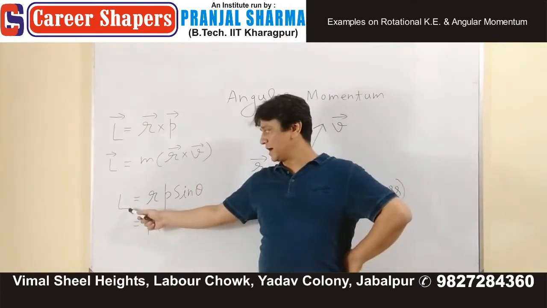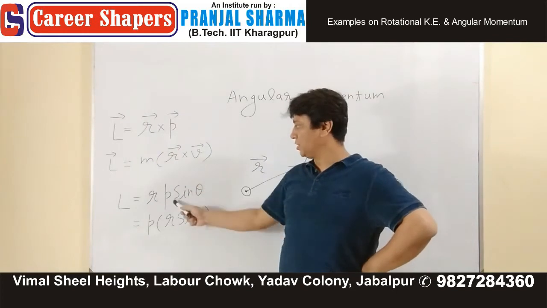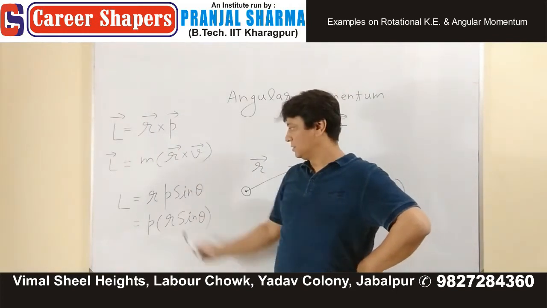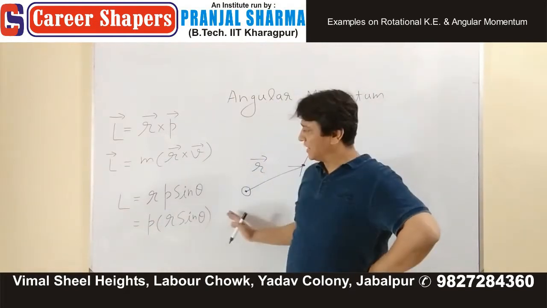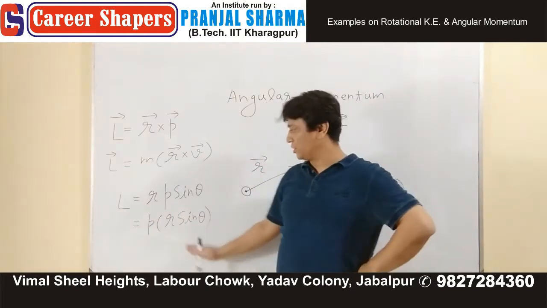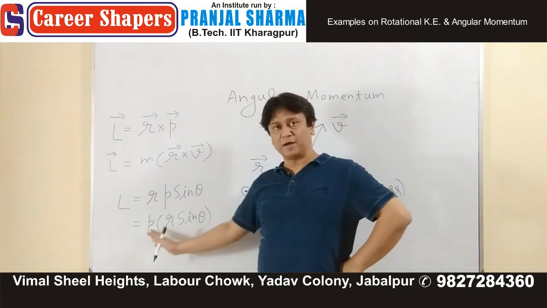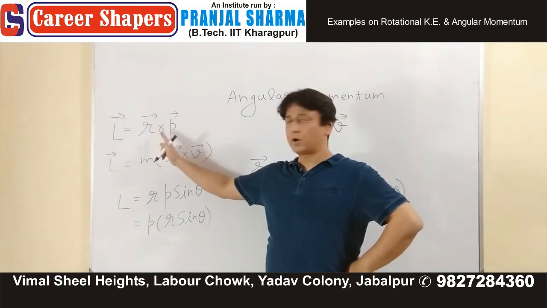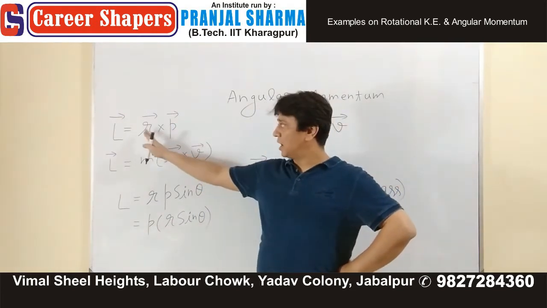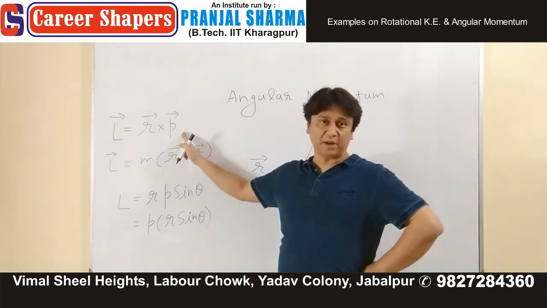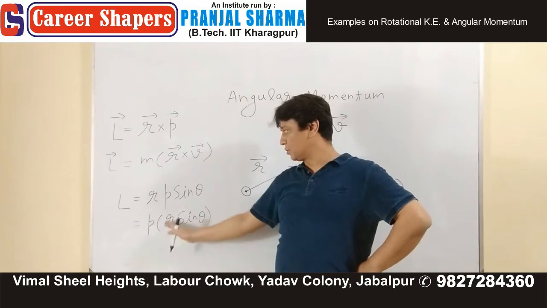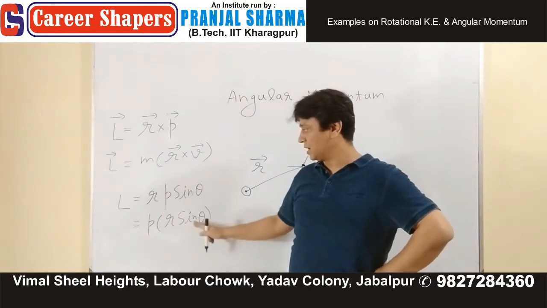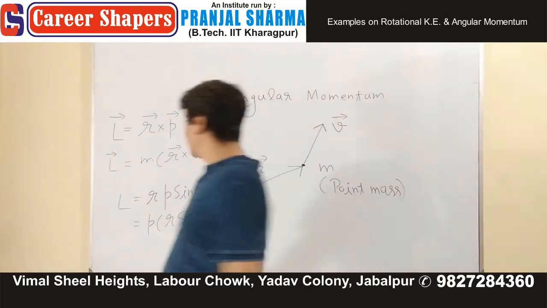When you go for magnitude, R into P into sine of theta. Now when you are presenting everything in terms of magnitude, you can shift R and P. Not in this case. R should be first and then comes what? P. It's a cross product. So this is the magnitude version, and therefore once I group R with sine theta, I get this.